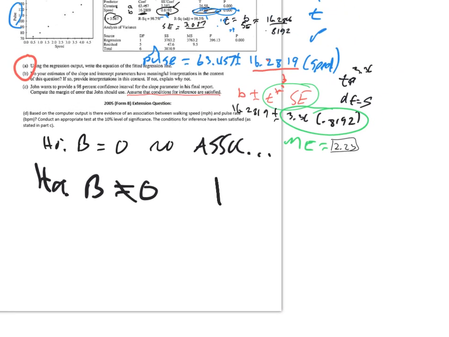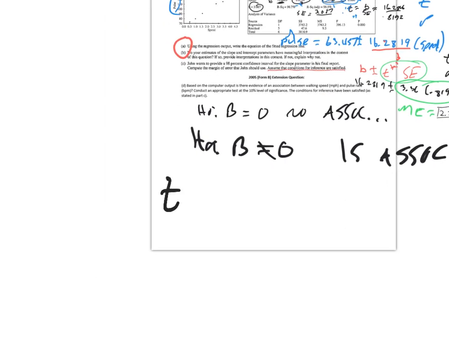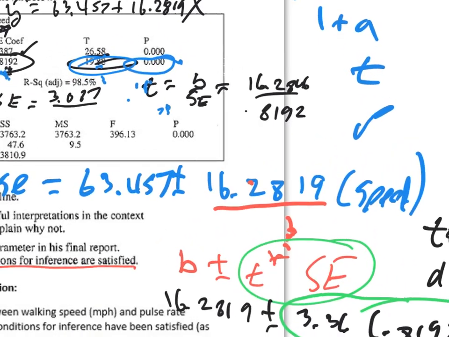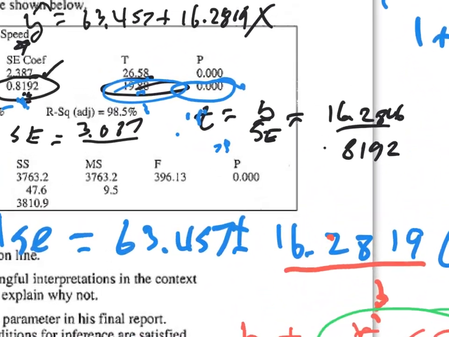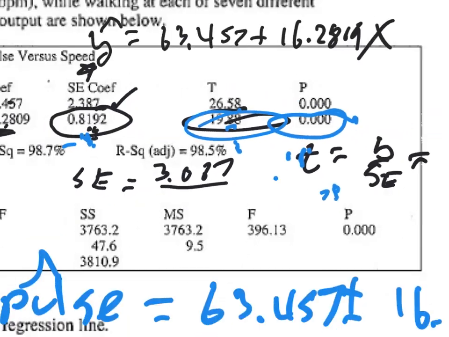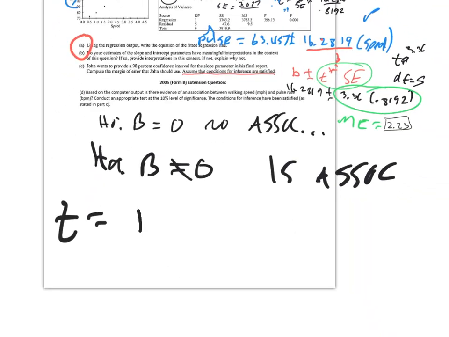That means there is an association. T. I already did the T. Oh, no, T's already given to us. 19.88, degrees of freedom is 5.